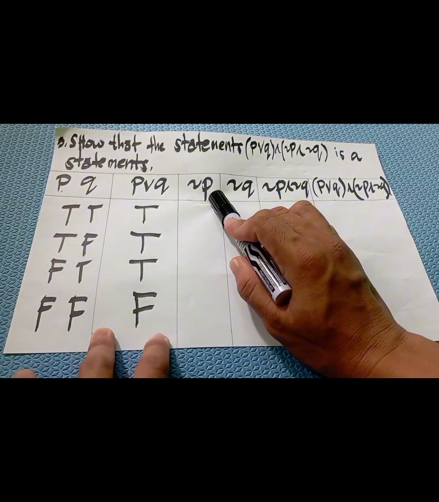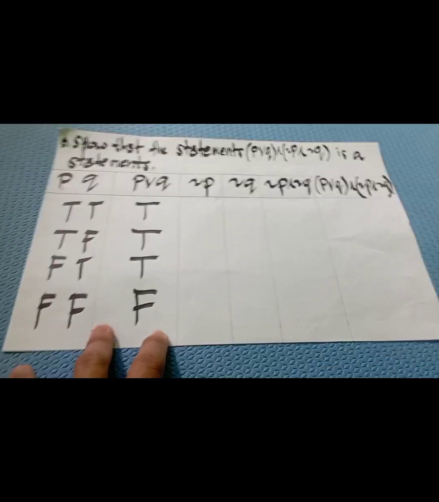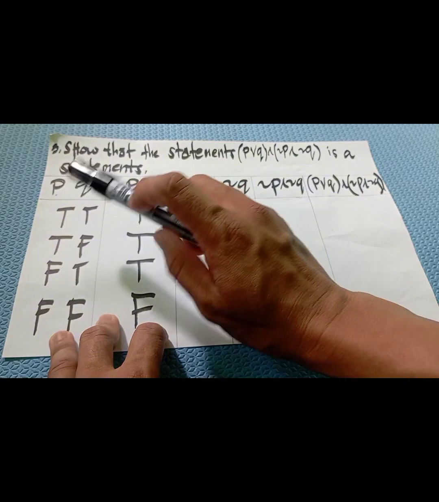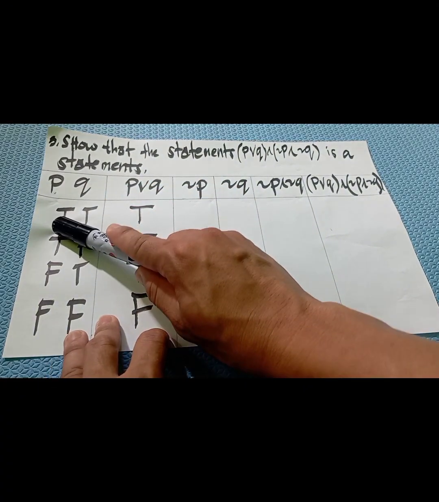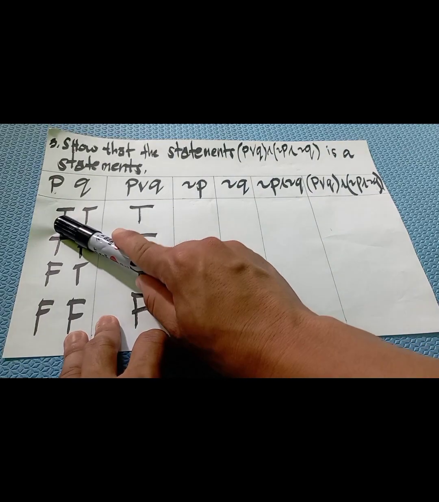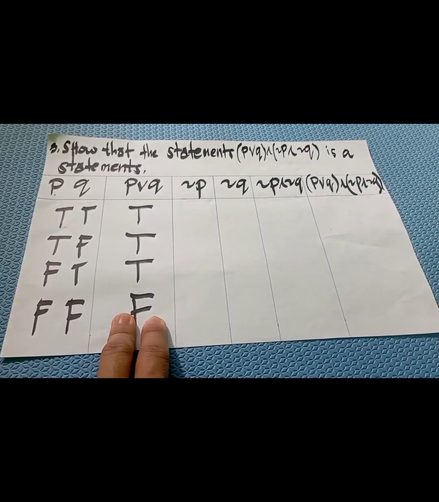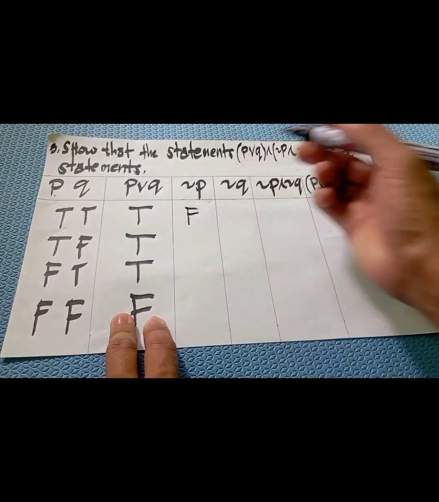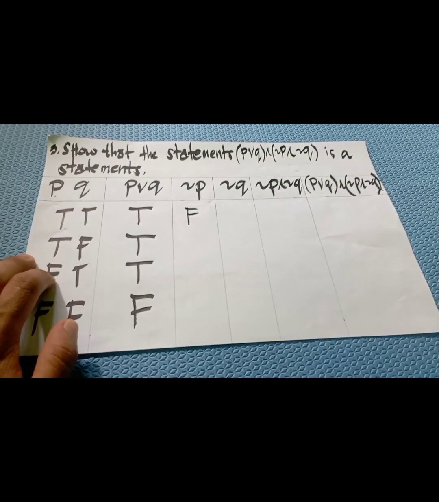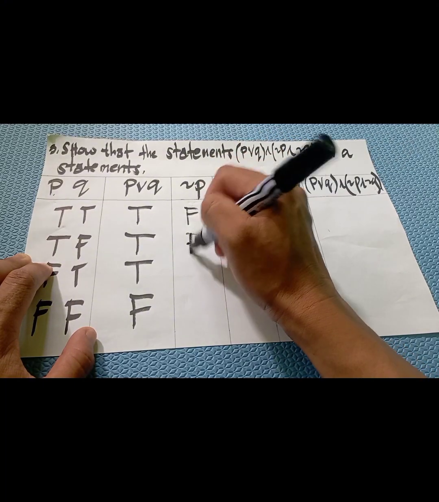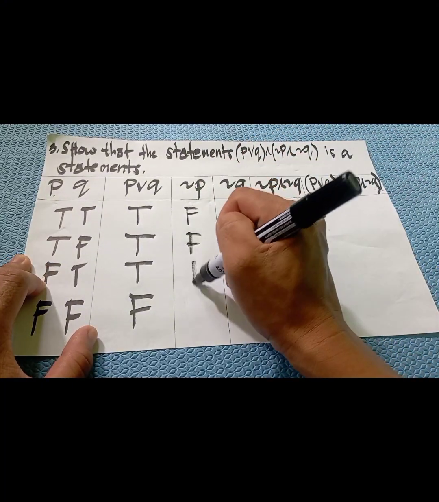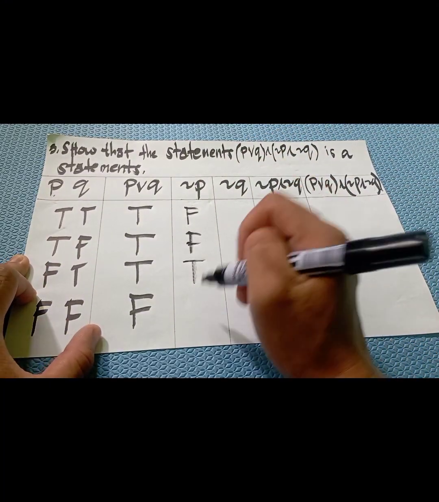So in the not P statement, we look into the P statement and take the opposite of it, or negate it: true to false, true to false, true to false, and false to true.